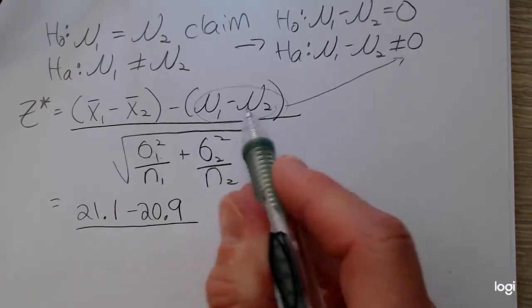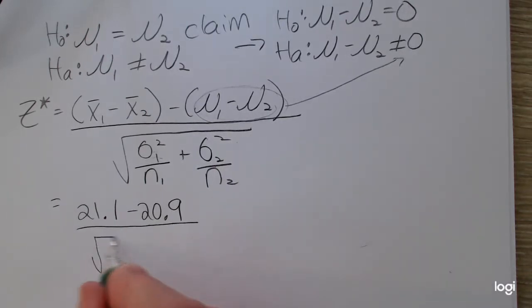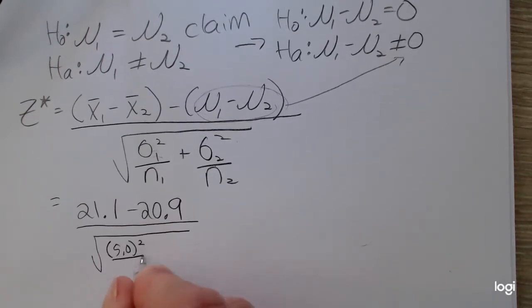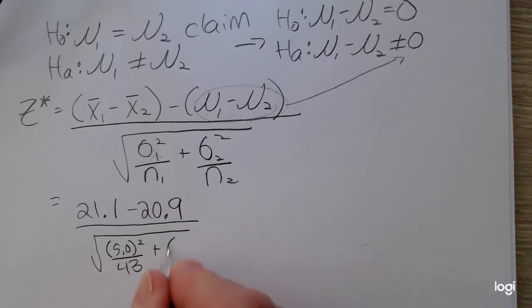And again, I'm subtracting 0 because I'm assuming no difference between the two in my null statement, over 5.0 squared over 43 plus 4.7 squared over 56.